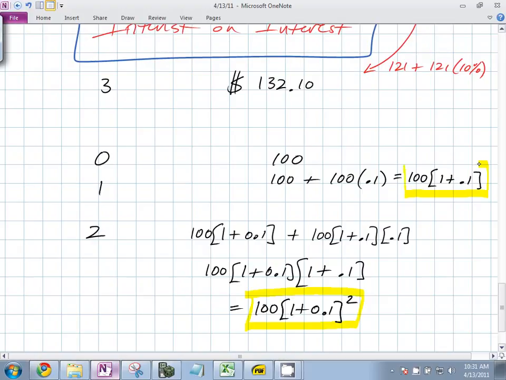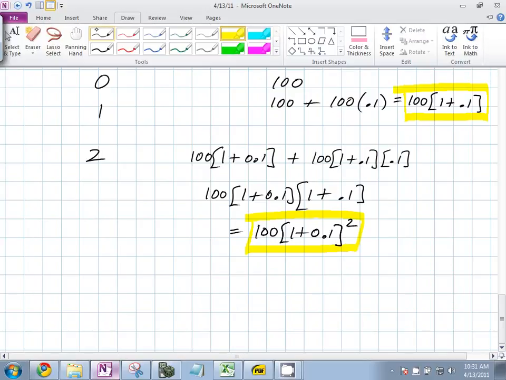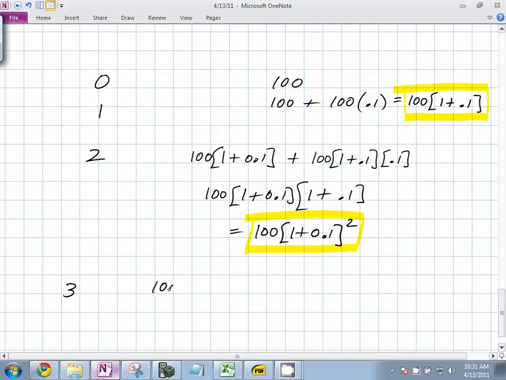Let's do it one more time, 3, right? You have 100 times 1 plus 0.1 to the second power. And what are you adding to it? 100 times 1.1 plus, sorry, I'm trying to keep it separate. 0.1 squared times what? 0.1, exactly. All we're doing is adding 1/10 of what we had.